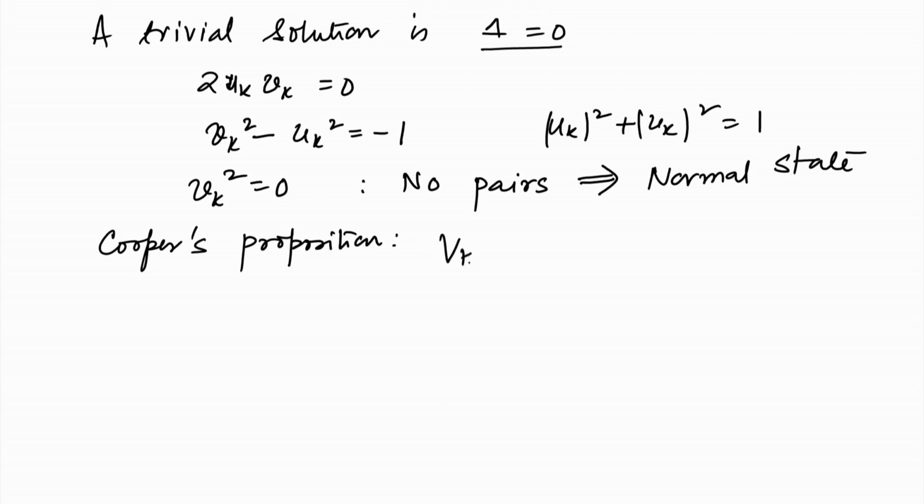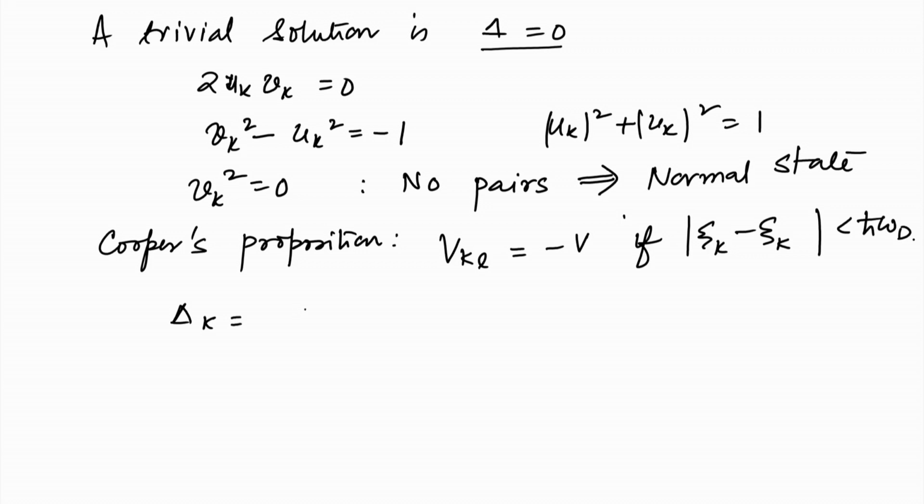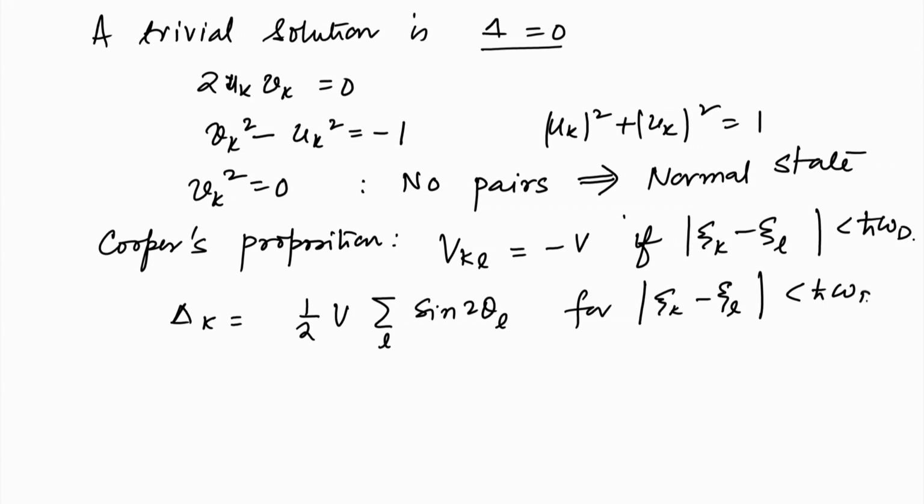That V k L equal to minus V if xi k minus xi L is less than h cross omega d. Thus, delta k equal to half V sum over L sin 2 theta L for xi k minus xi L less than h cross omega d, equal to 0 otherwise.